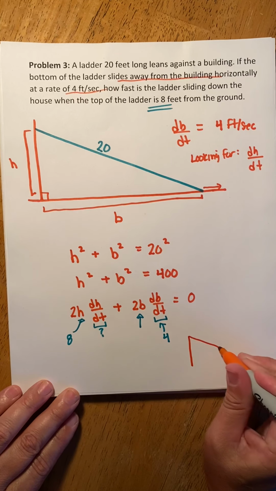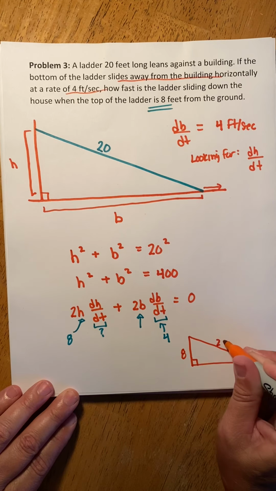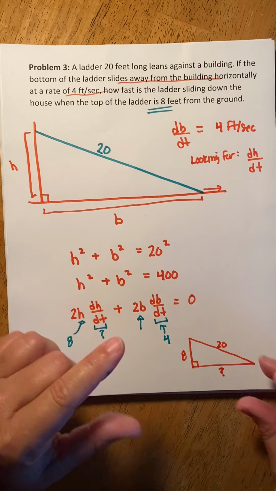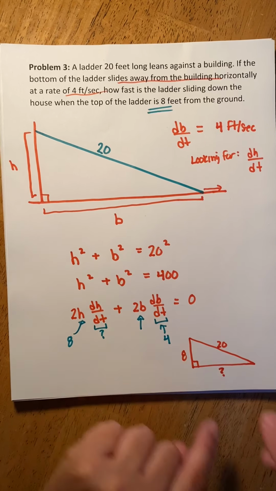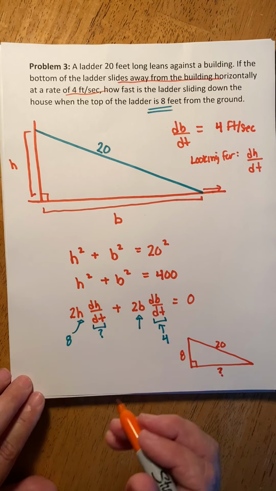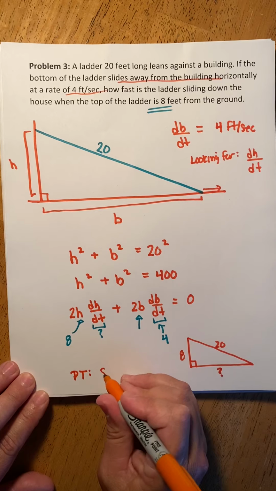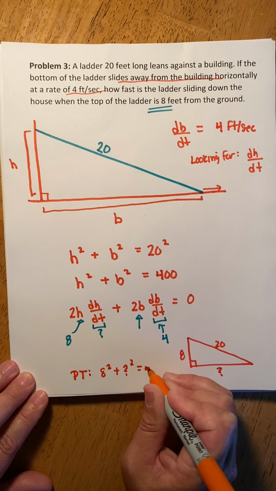If we look at our snapshot in time, when this is 8, this is always 20. What is this going to be? Things are changing, but we're looking at this very instant in time. So we're going to use the Pythagorean theorem, which tells us that 8 squared plus whatever the length of that base is squared is equal to 20 squared.